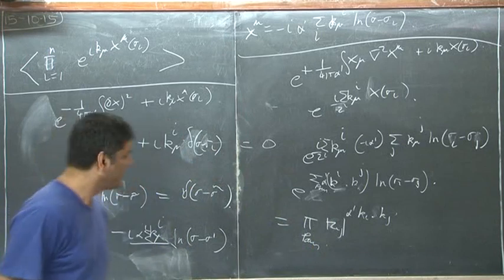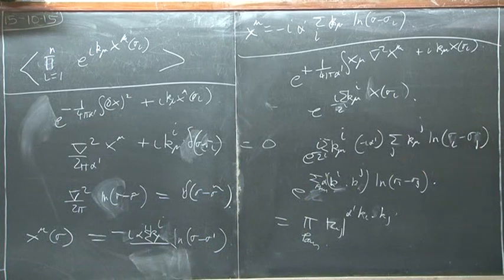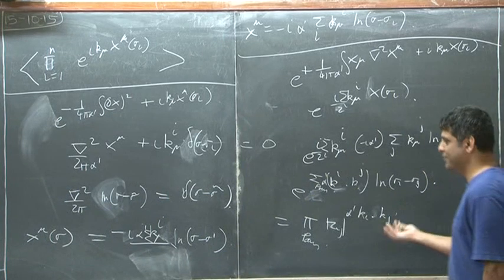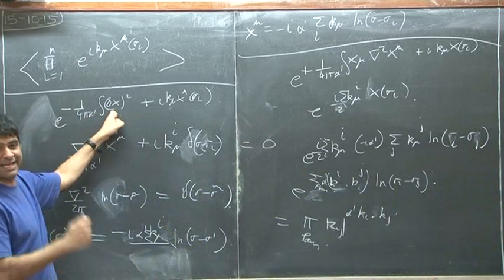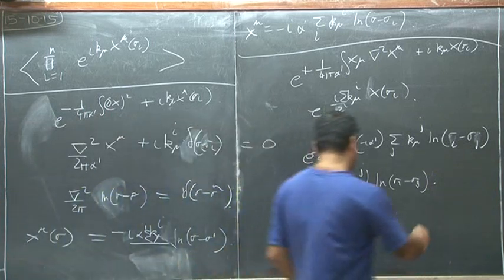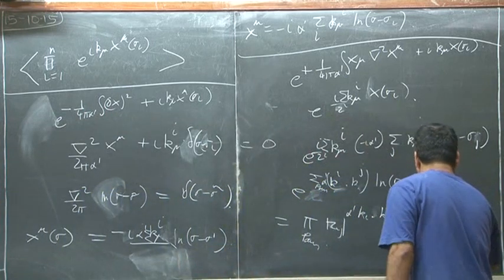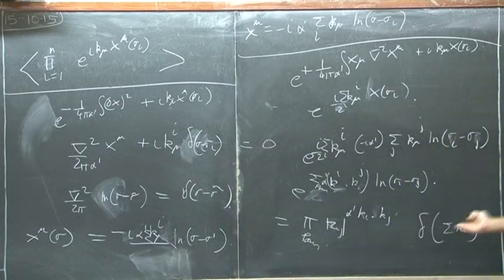Okay? And of course, if we did this with the care that we should, what we have not taken into account here carefully is the integral over the zero mode. And the integral over the zero mode will tell us that there is a delta of sum over k, the momentum conserving delta.